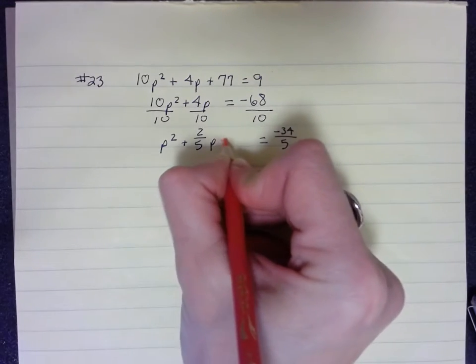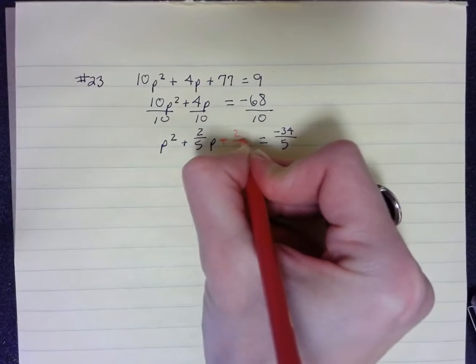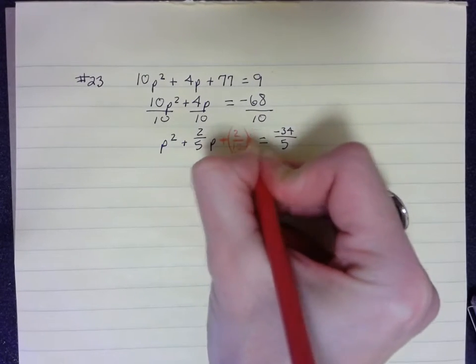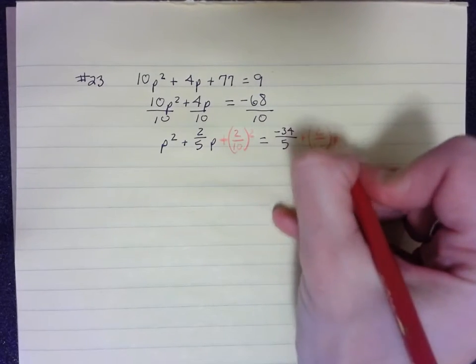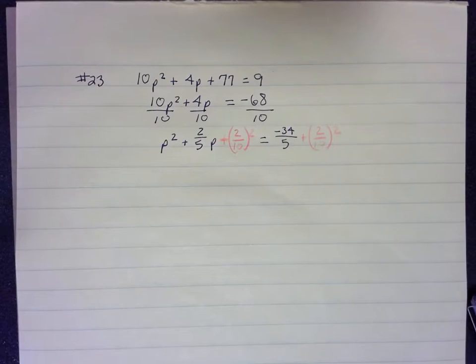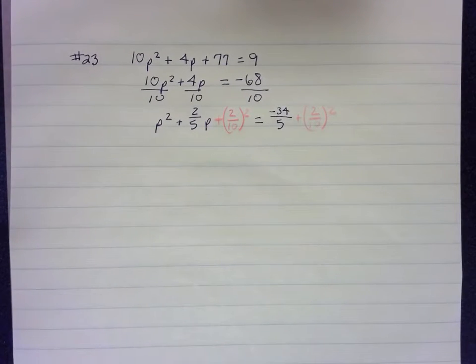I'm going to complete my square by adding 2 over 10 squared. And again, you're probably already realizing that we're not going to get a real solution, but I want you to keep going so you can practice this problem.